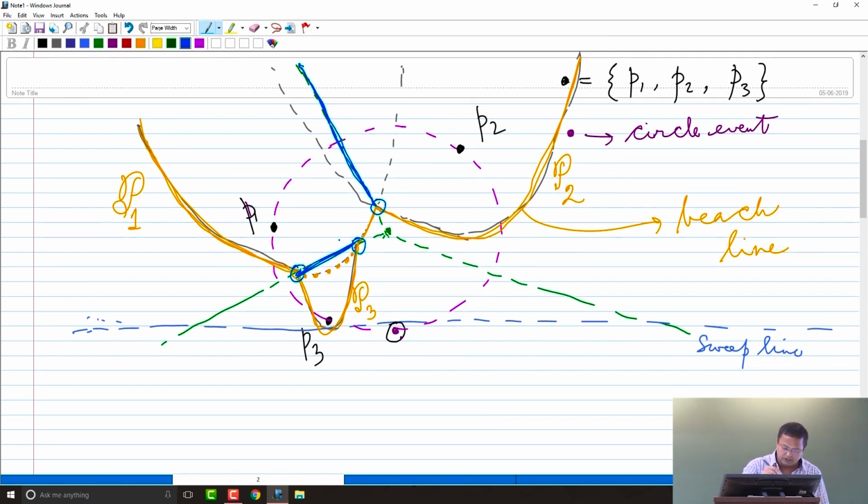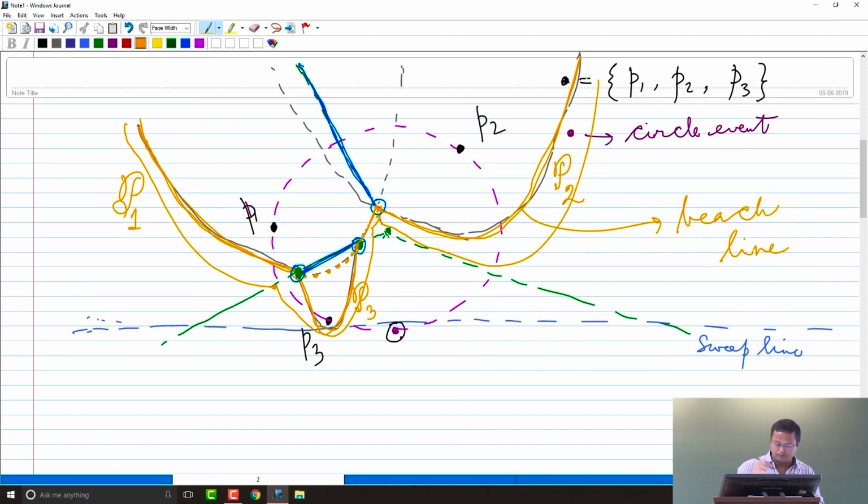Now, this intersection, can you see the colors? So, this intersection and this intersection, what is happening to them? As the parabolas sweep down, as the sweep line goes down, the parabolas start coming down, right. So, your next intersection would be your P1 gets somewhere here, your P2 gets somewhere here, and then this is what is going to happen, right.